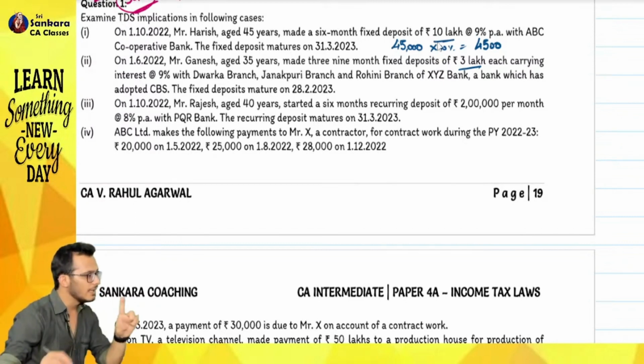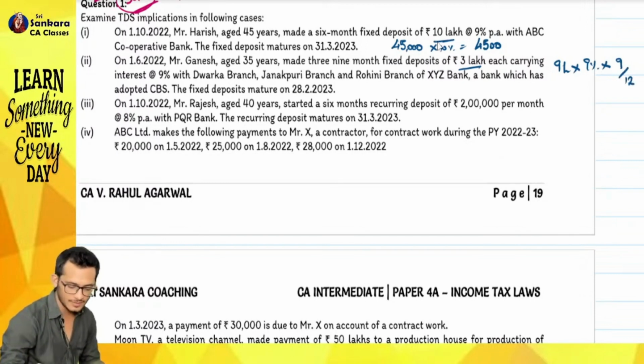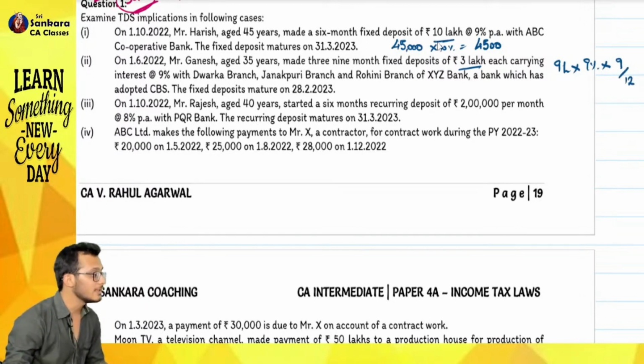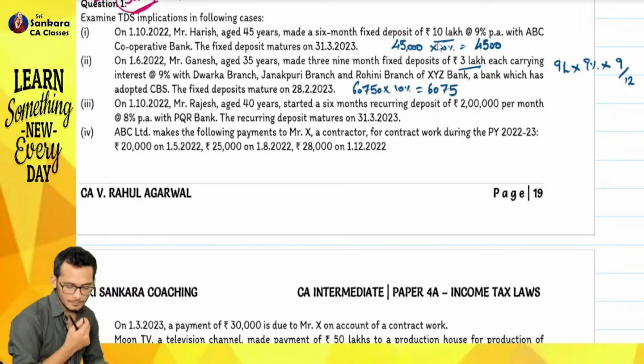Total deposit is 9 lakh rupees into 9% interest for 9 months, so 9 by 12. The interest is 60,750. 60,750 cumulatively is more than 40,000 rupees. Therefore TDS will apply. TDS at 10% will give you 6,075. You got the format? Next one.